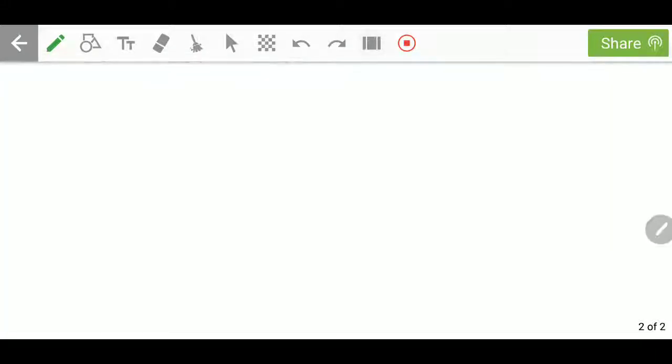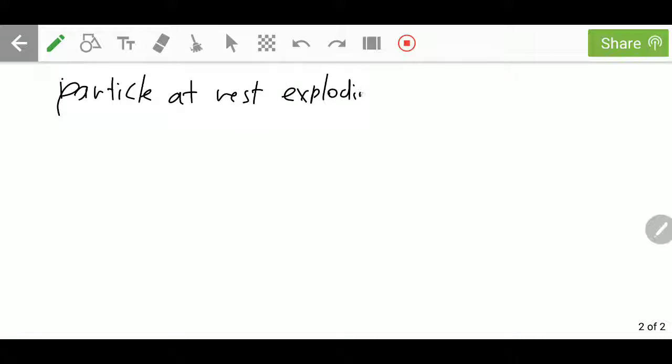Well, of course, since we have a particle at rest exploding, that means that the total momentum is 0, and this is going to be true throughout this problem. Now, let's look at that first case.